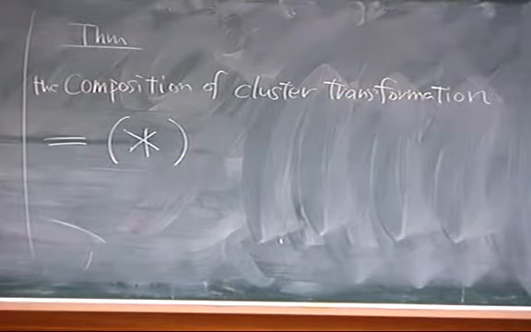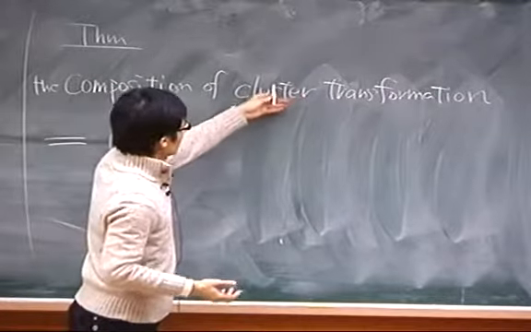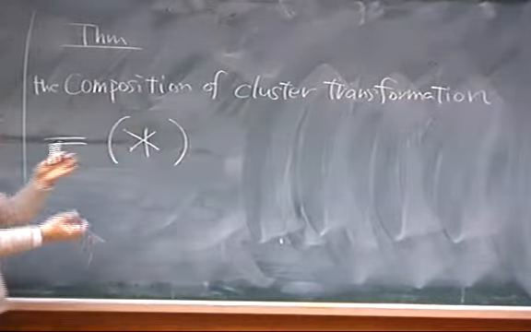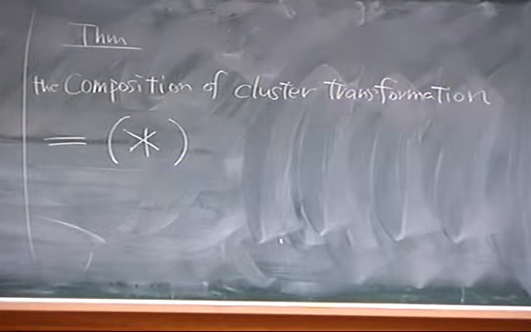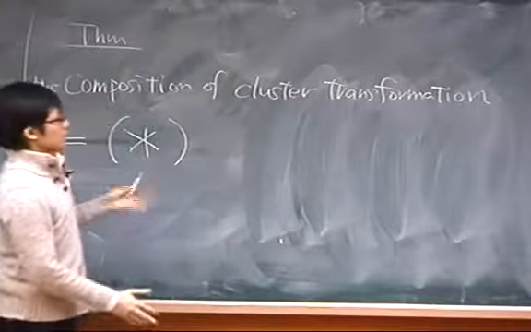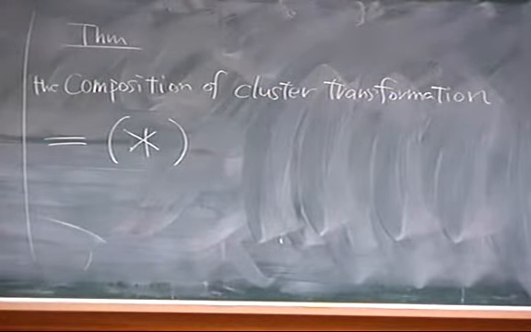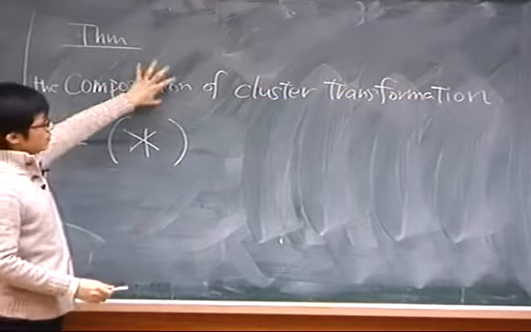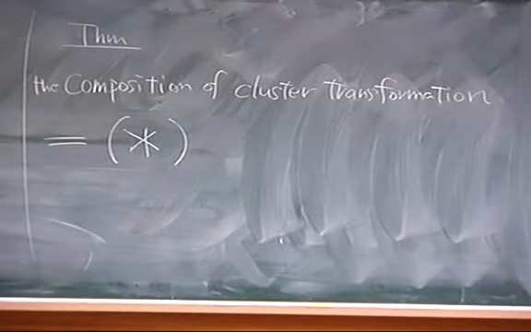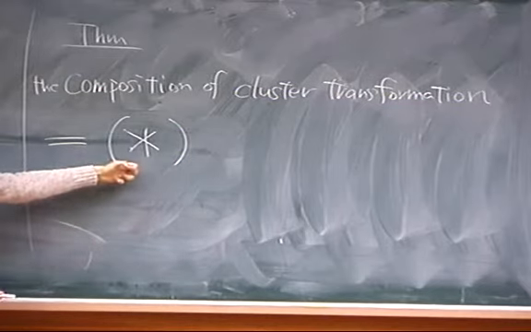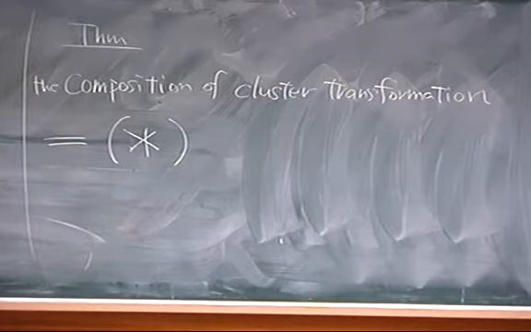In each case, cluster transformation helps us to understand the whole phenomenon in inductive ways. So the study of the composition of cluster transformations is in general very important, and this is a kind of categorification of the composition of cluster transformations, and we get an explicit description in terms of Euler characteristics.